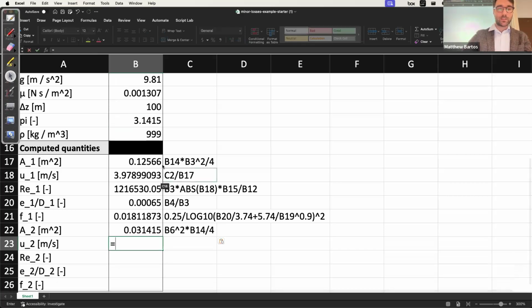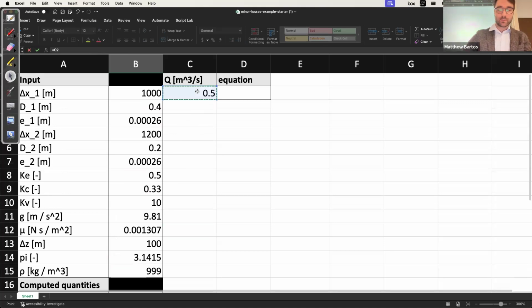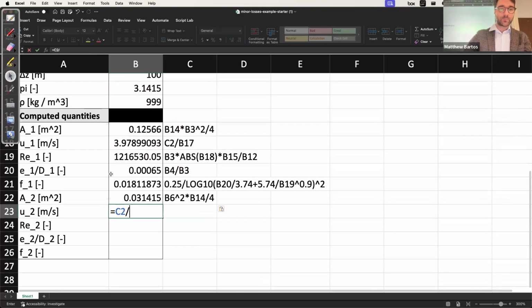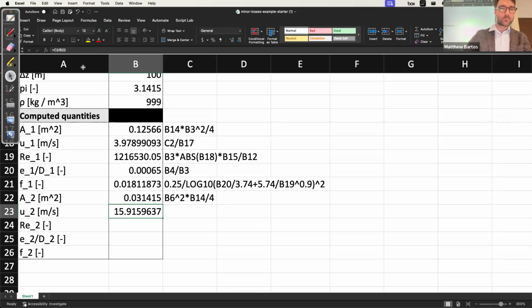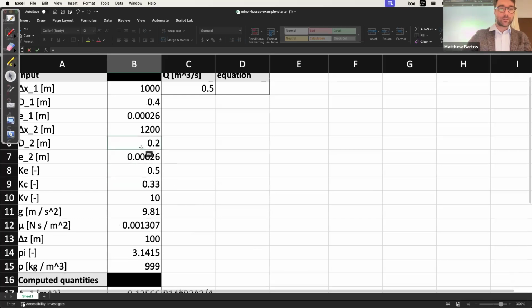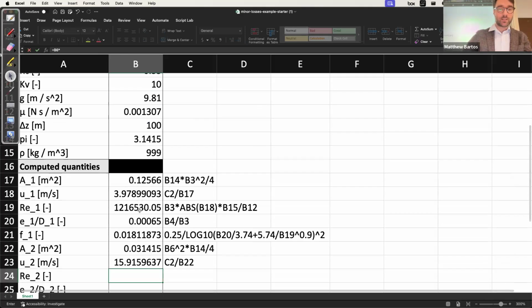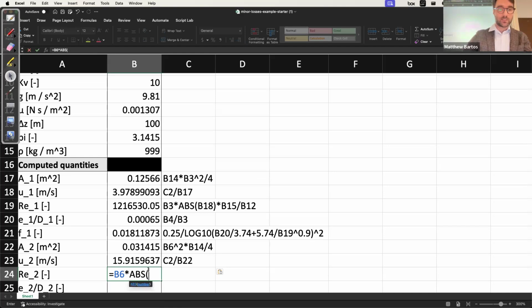U2 is going to be Q divided by A2. Reynolds number in pipe 2 is going to be diameter 2 times the absolute value of velocity 2, times the density divided by the viscosity.